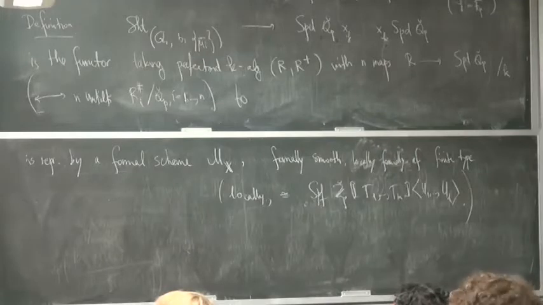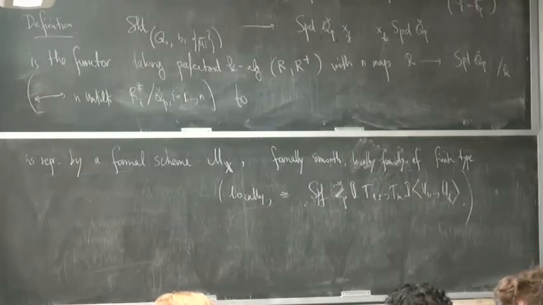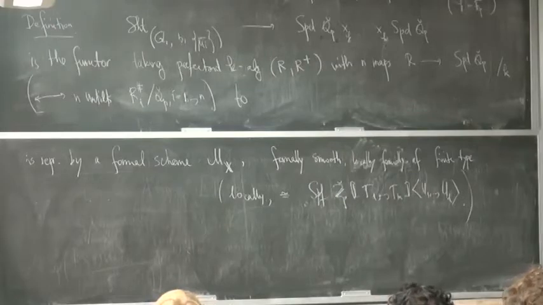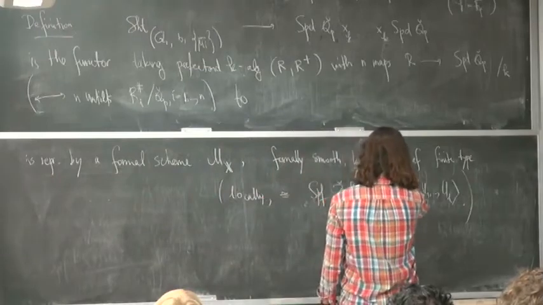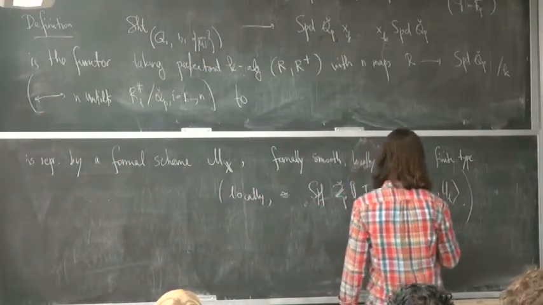Here you just meant locally it's this mod something. Sorry, I mean, it's not literally locally like that thing, right? Anyway, you're just trying to express what formally locally of finite type means, right?